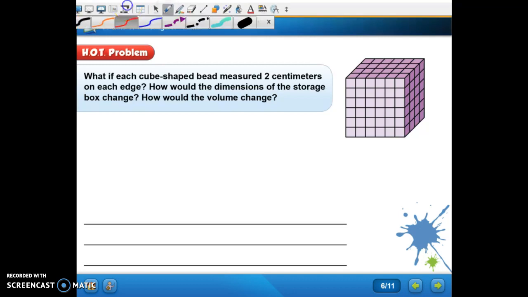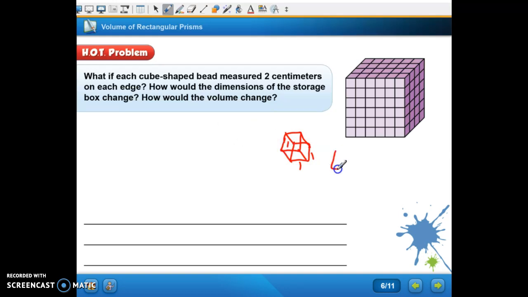Instead of each cube being, when we first started, 1 by 1 by a height of 1, now they're telling us that each of these cubes is 2 by 2 by 2.